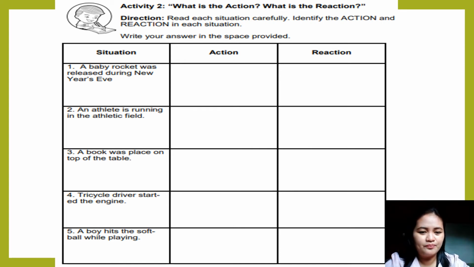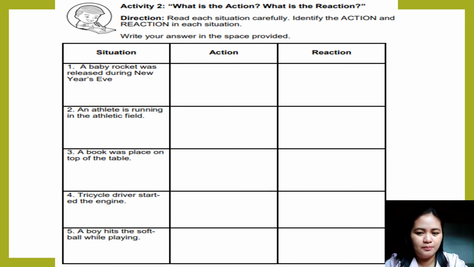Number 5, a boy hits the softball while playing. Do you know the softball? Oh. Si anak naman, salita ng salita. Okay. So, the ball coming toward and hitting the bat. So, yung ball daw parating, papunta kay bat. And the ball bouncing in the opposite direction of the bat.